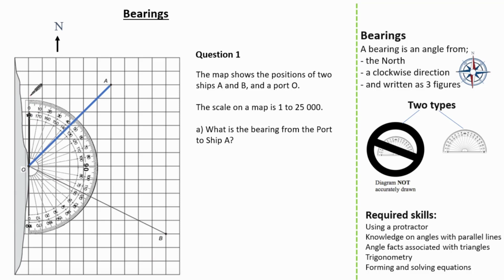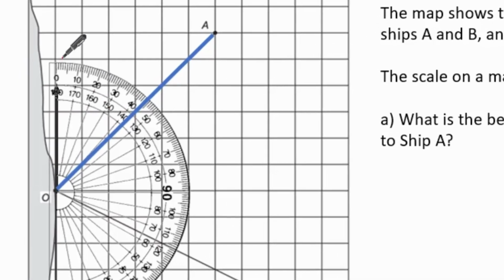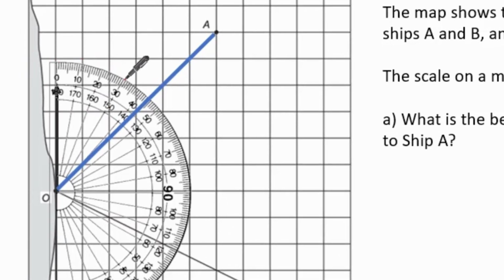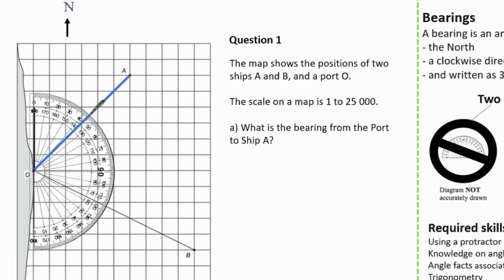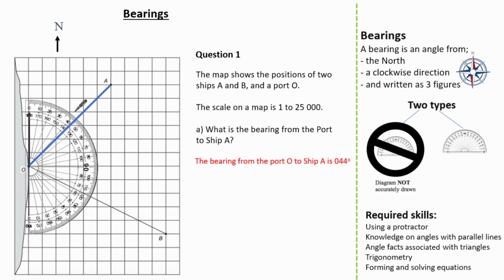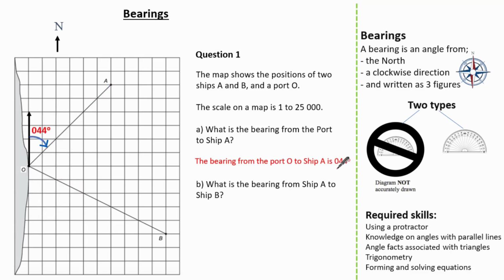From here, we're going to read our protractor and identify the bearing from the port to ship A. 0, 10, 20, 30, 40, and slowly counting, we can see we have a bearing of 044 degrees. Remember, a bearing must be written in 3 figures. Don't worry if you didn't get exactly 044 degrees. There's always a little bit of leeway in any mark scheme. So now we know the bearing from the port to ship A is 044 degrees.